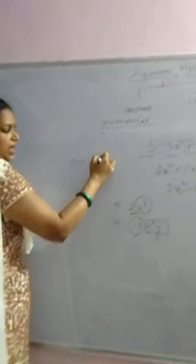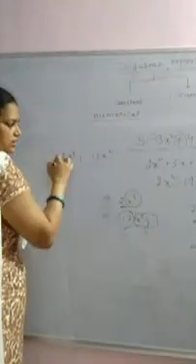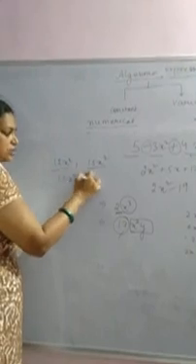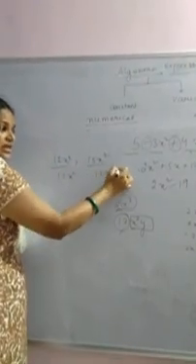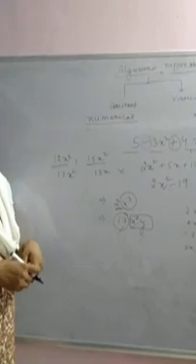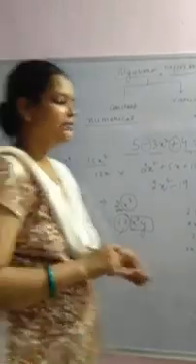Say for example 12x square and 15x square, these are like terms, but 12x square and 12x, these are unlike terms because their variable parts are not same. So if variable parts are same, then it is known as the like term, and if variable parts are not same, they are known as unlike terms.